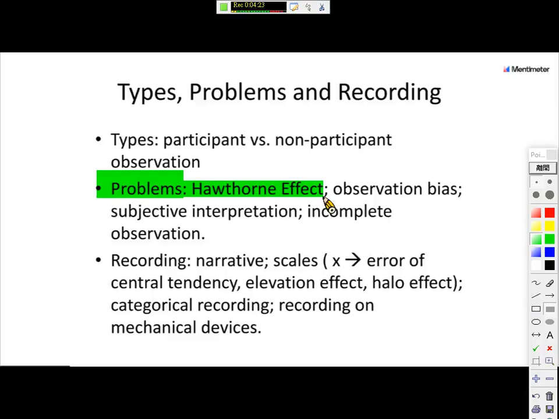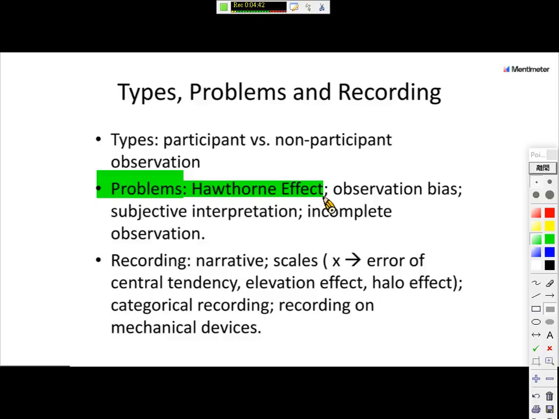Selection bias, observation bias, or subjective interpretation. What does that mean? We observe something happen, and I think, well, that's nothing, so I don't give it any specific meaning.